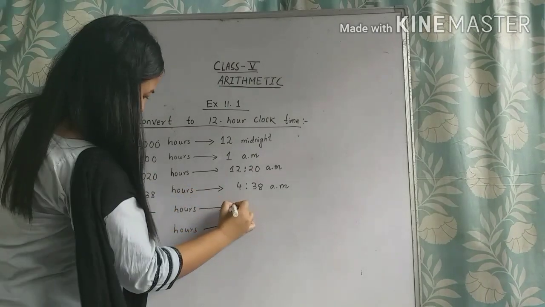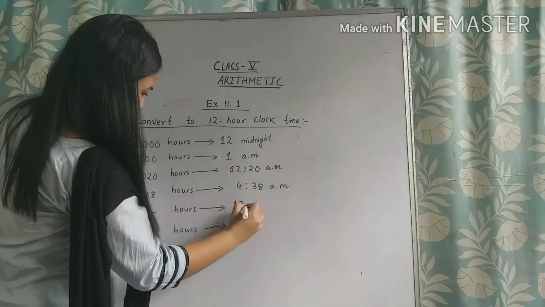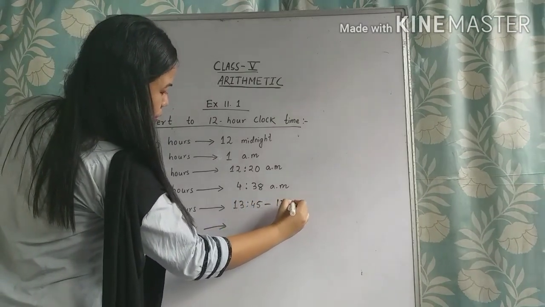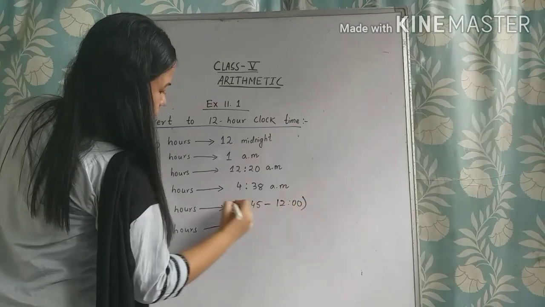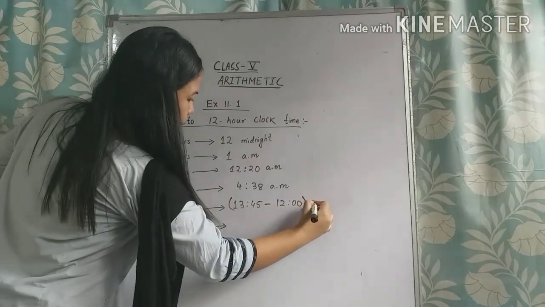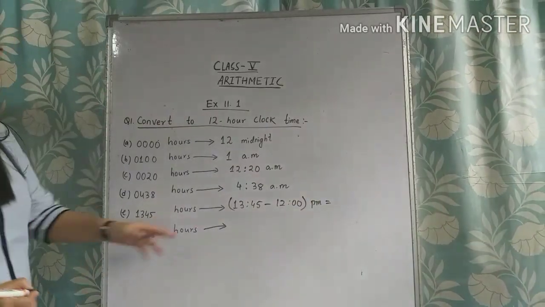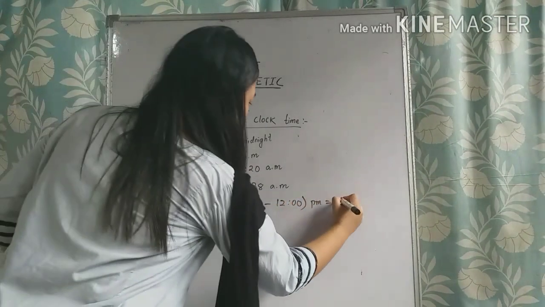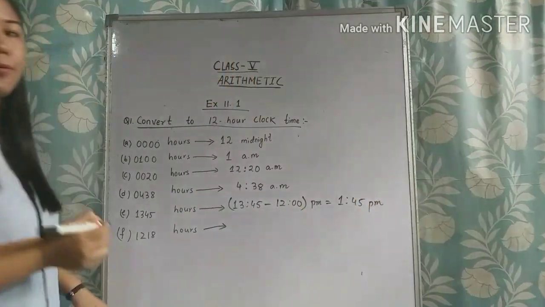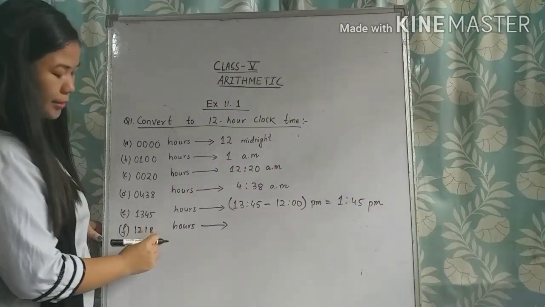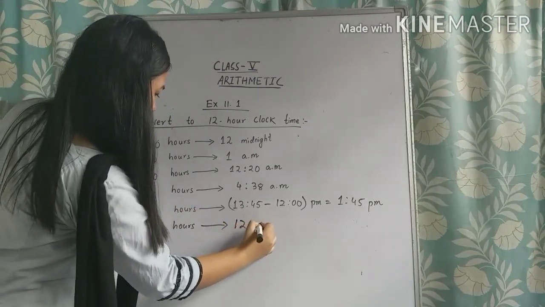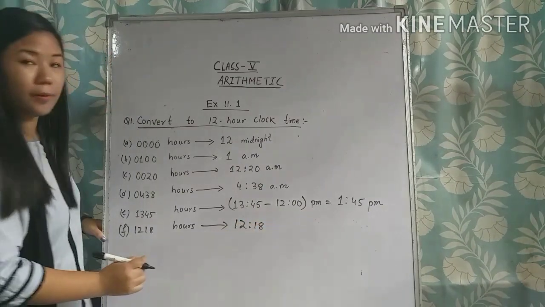Now, 1345 minus 12 for p.m. What do we get? 13 minus 12 is 1. So it is 1:45 p.m. Next, 1218 hours. So this means 12:18 p.m.